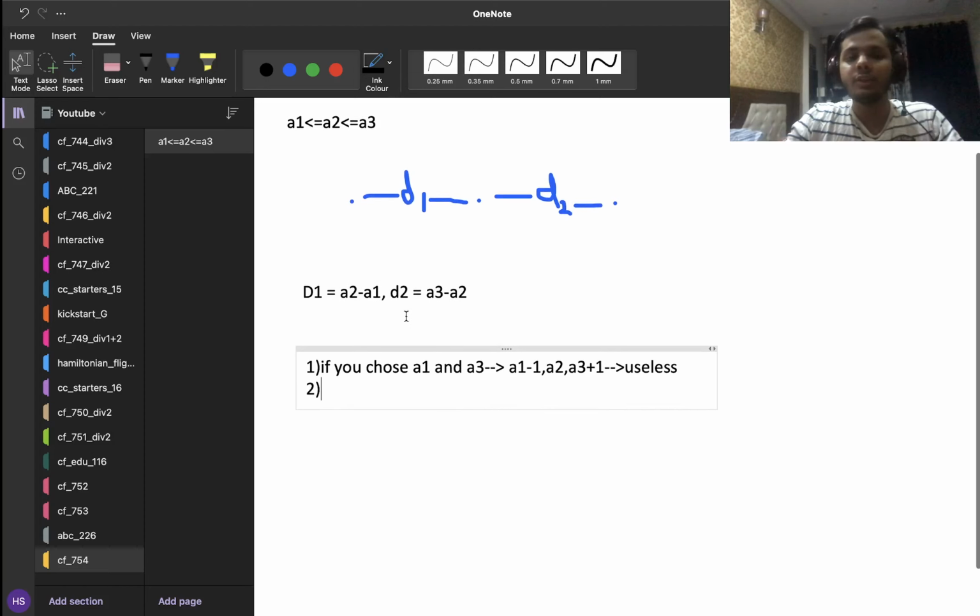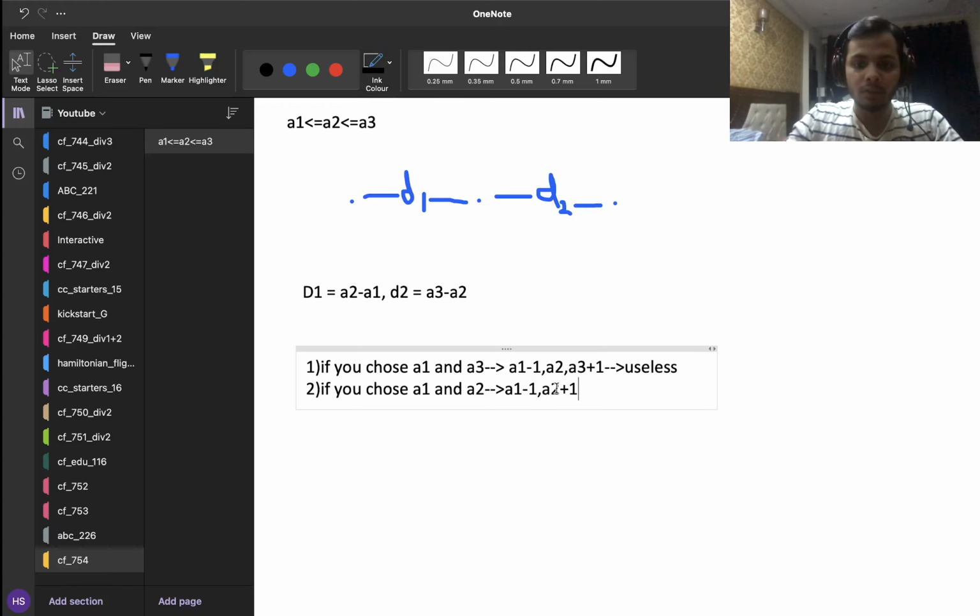Now let's say we choose a2 and a1. If you choose a1 and a2, and let's say you increment a2 and decrement a1, then you will be left with a1 minus 1, a2 plus 1 and a3. What this means is that the new d1, the difference between a2 and a1, is equal to the previous d1 plus 2, because a2 has been incremented by 1 and a1 has been decremented by 1.